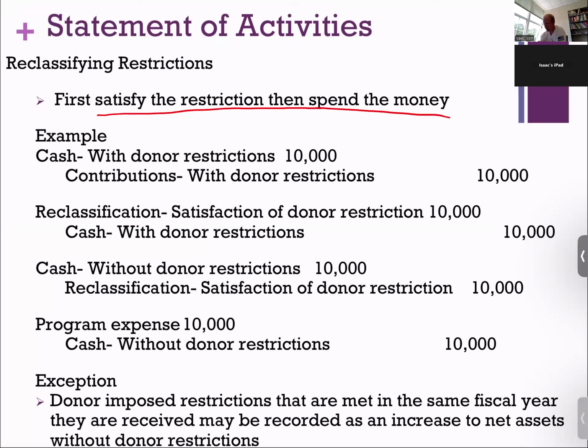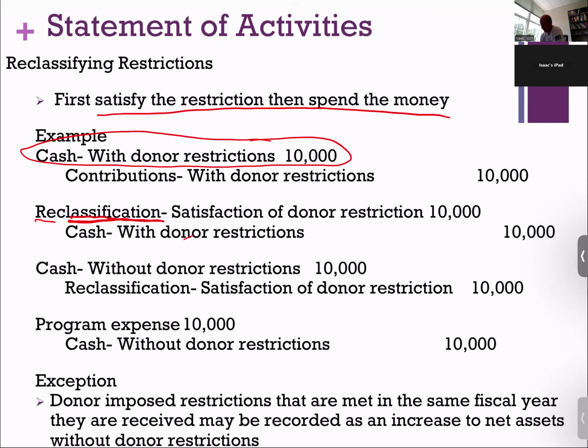And so these journal entries are showing that. Okay. Receive cash, but it has donor restrictions. So we need to record it that way. And it's contribution revenue, but it has donor restrictions. Then when we meet the restrictions, we can do this reclassification entry.